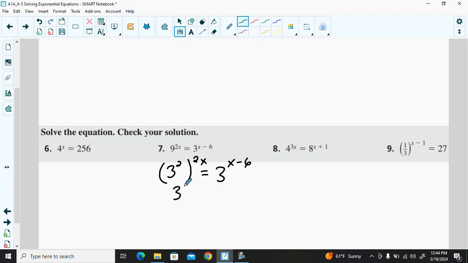So we have 3 to the 4x is going to be equal to 3 to the x minus 6. Now we have bases that are the same, so we have 4x equals x minus 6. We subtract x, end up with 3x equals negative 6, divide by 3, and we wind up with x is negative 2.